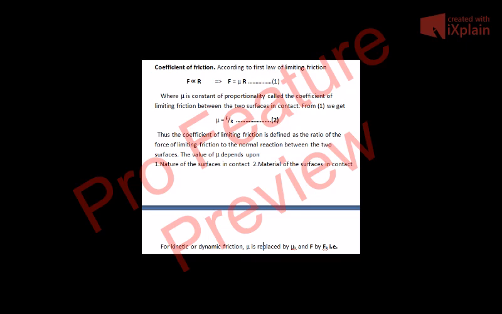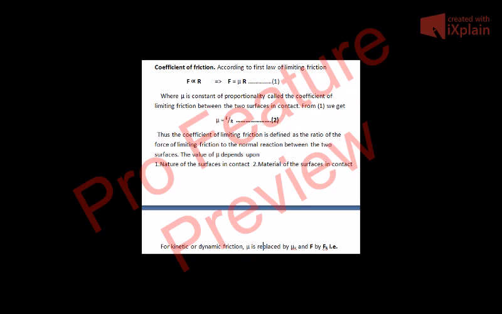As I already told you, the two surfaces in contact may be made of metals, or in the other case of wood, or in another case it may be a surface of wood and metal.